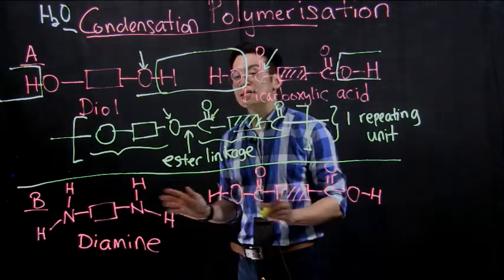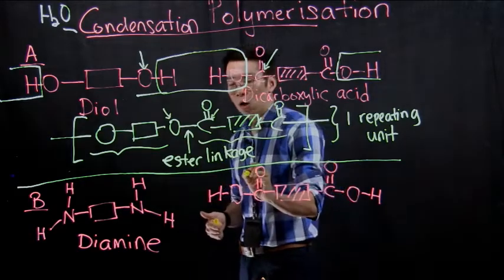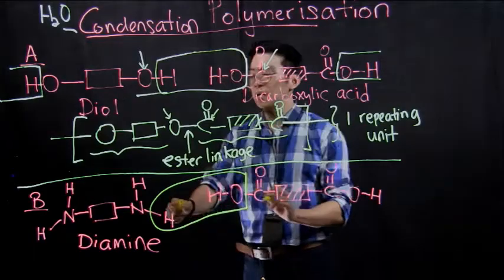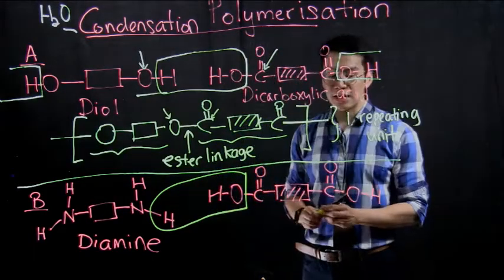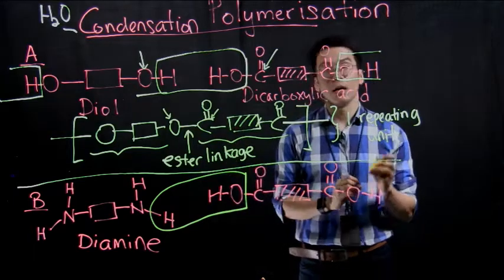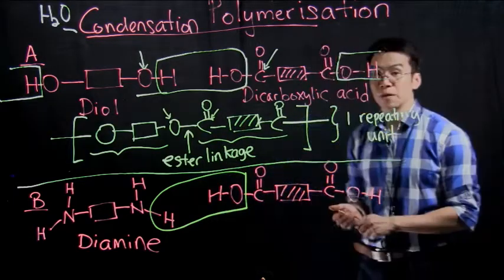But the theory is exactly the same. The OH from the carboxylic acid will react with the H from the diamine, so this will be eliminated to form a water molecule as well.